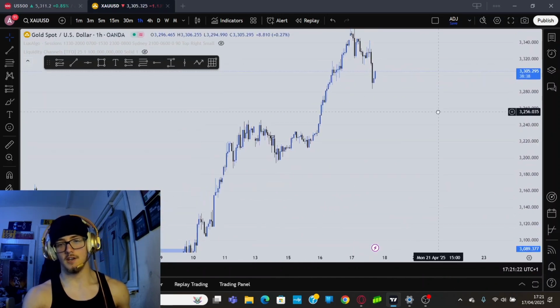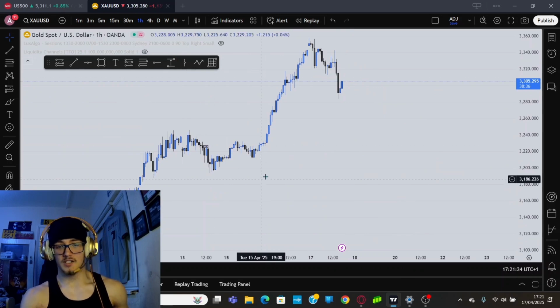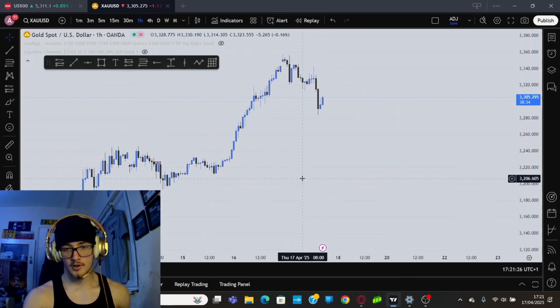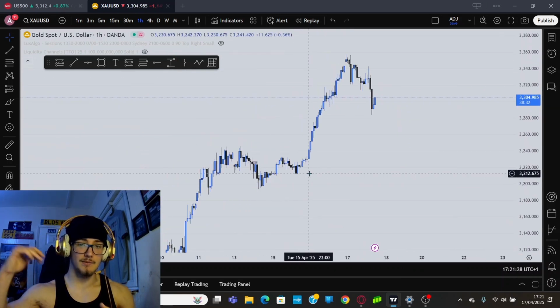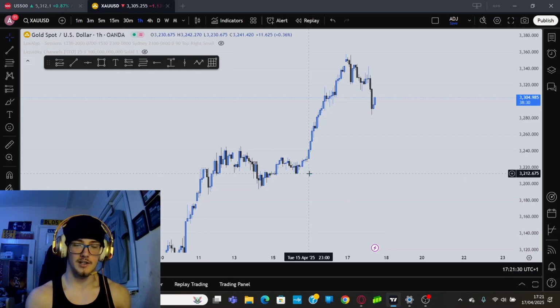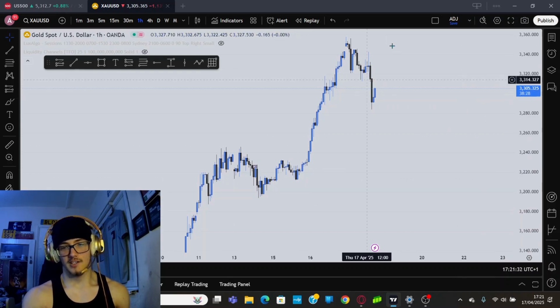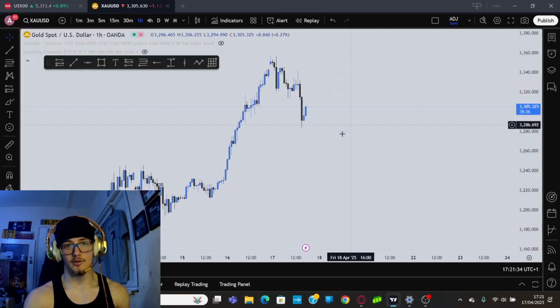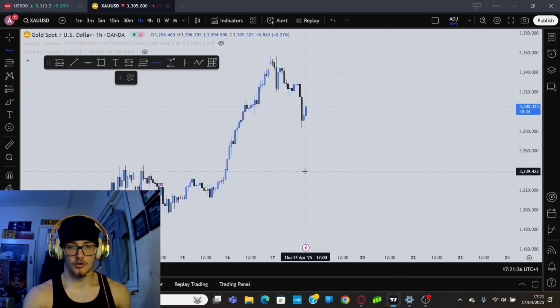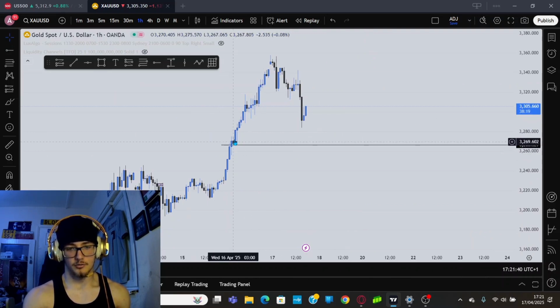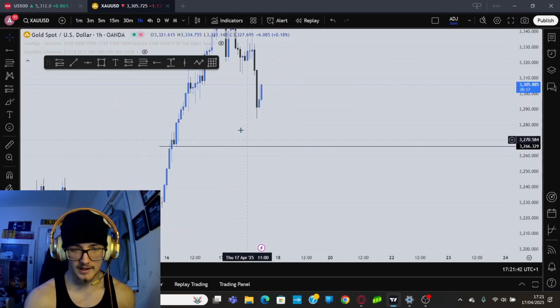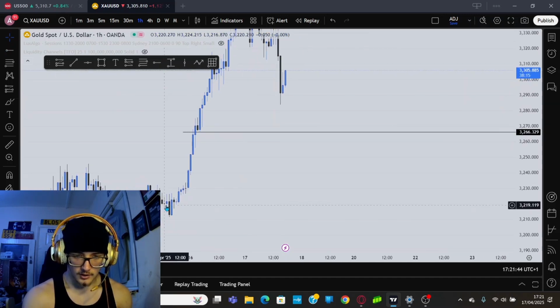So as you can see, gold recently has been just booming off, and obviously it can't keep going up infinitely. So as you can see, it's already starting to make its way down, and what gold will most likely do is want to collect lows. For example, any of these black candles formed are lows.